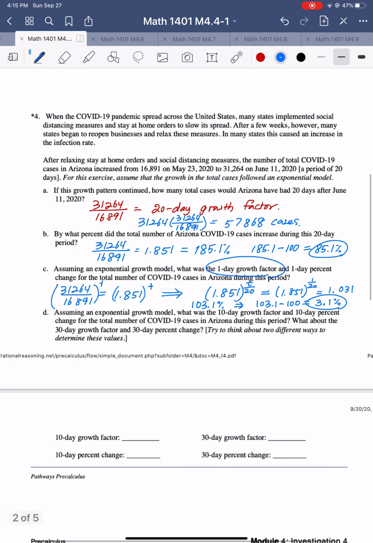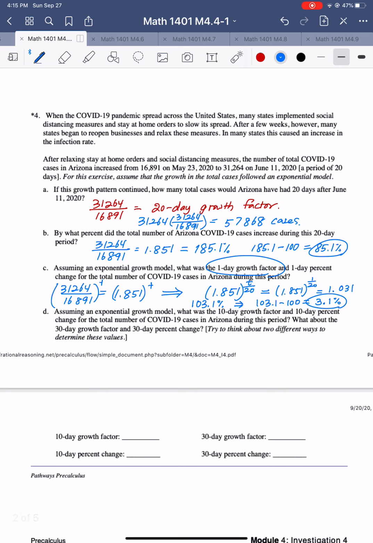And then D, assume the exponential growth model. What was the 10-day growth factor and 10-day percent change for the total number of COVID-19 cases in Arizona during this period? What about the 30-day growth factor, 30-day percent change, and so on, right? So for the 10-day growth factor, once we have the 20 days, we have 1.851, and we want to change to 10 days, which is half of the 20, right?